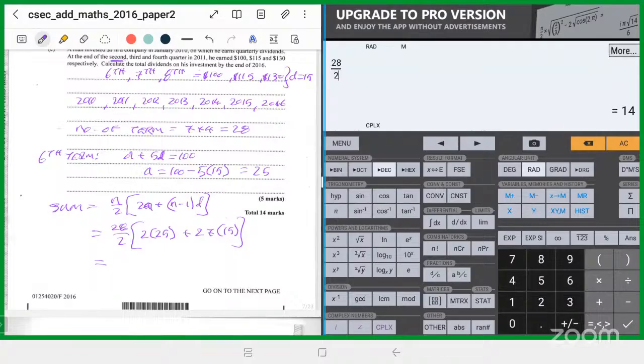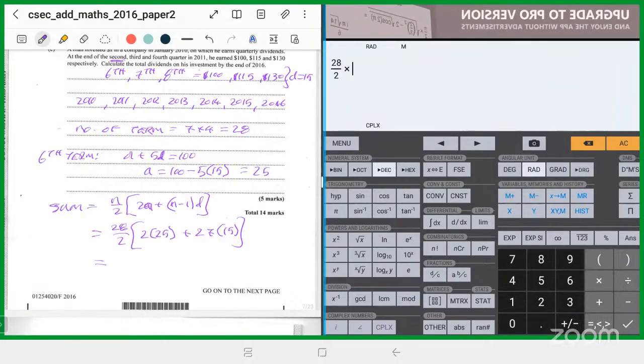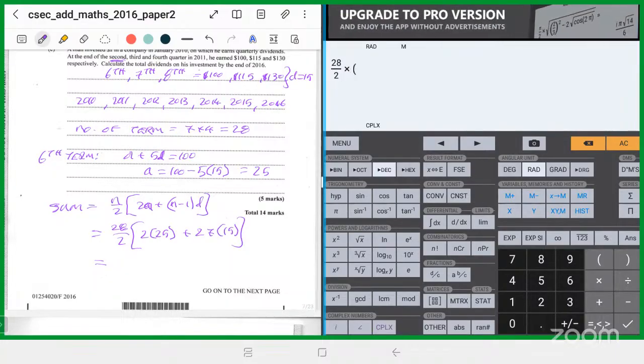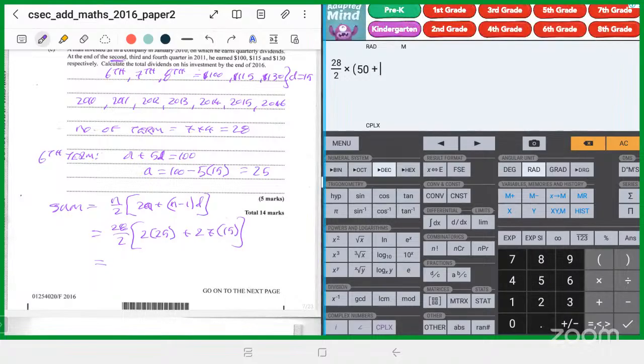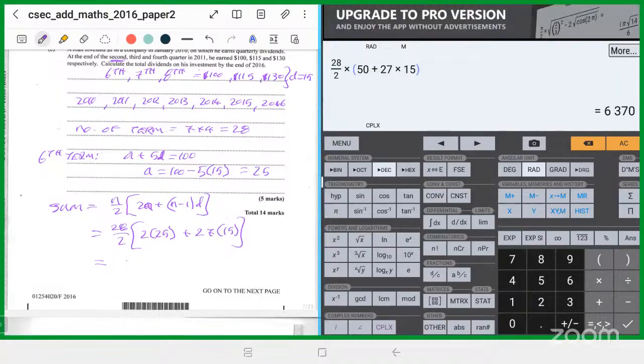I write 14 times bracket, 2 times 25 is 50, plus n minus 1 is 27 times 15, the d, close bracket. So we get $6,370.